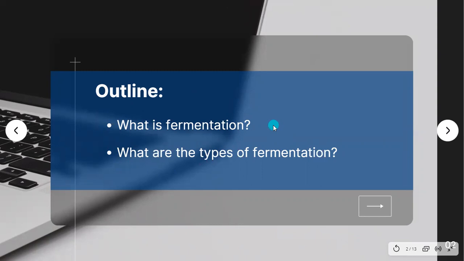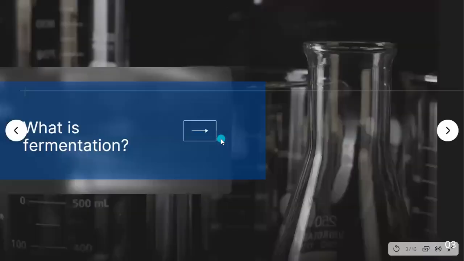So remember last week, in the last video, we mentioned aerobic respiration and also the types of cellular respiration. So today, there is another type of cellular respiration, which is fermentation. What is fermentation?